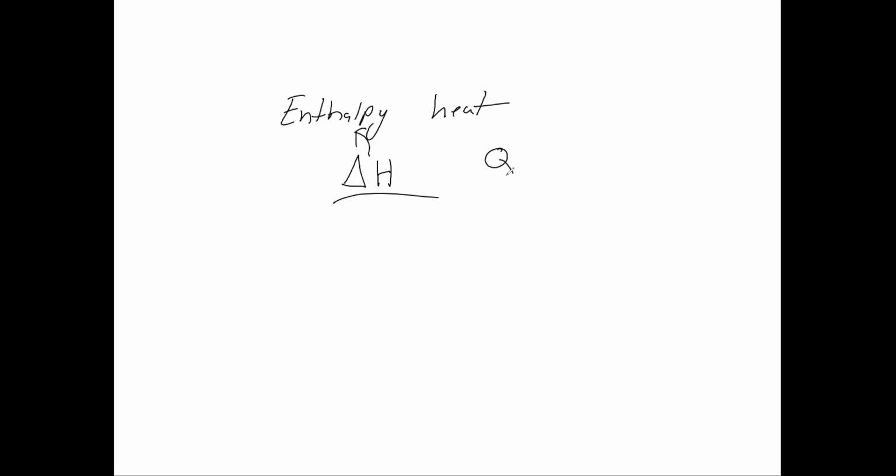So some terminology to go with enthalpy is if heat goes into your system, and this is my surroundings, because anything that's not my system is my surroundings. If heat goes in, that's called an endothermic reaction. Endo and in, so heat is going in.